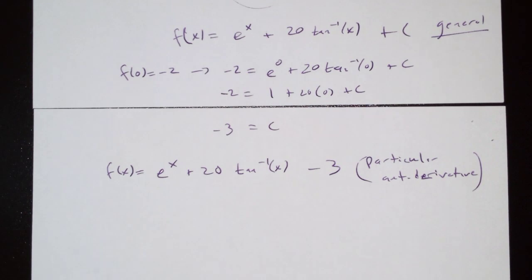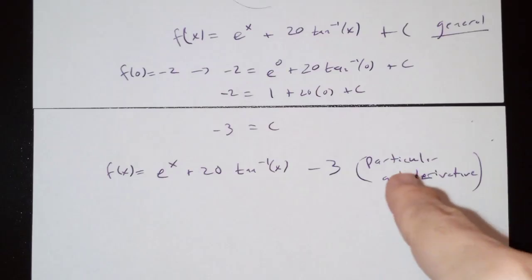This particular example was a first order differential equation because it involved the first derivative. But I can have second order differential equations and third order differential equations and fourth order and fifth. I can use as many derivatives as I want.